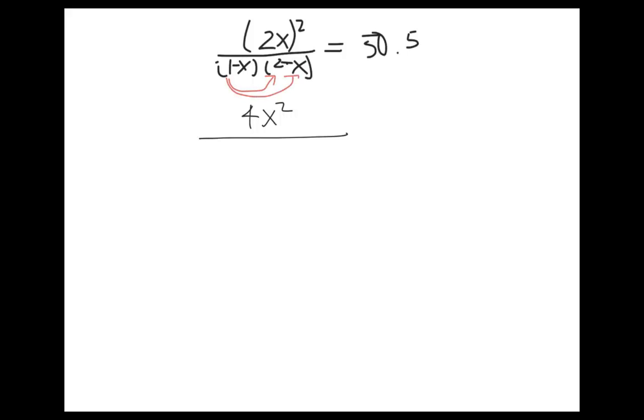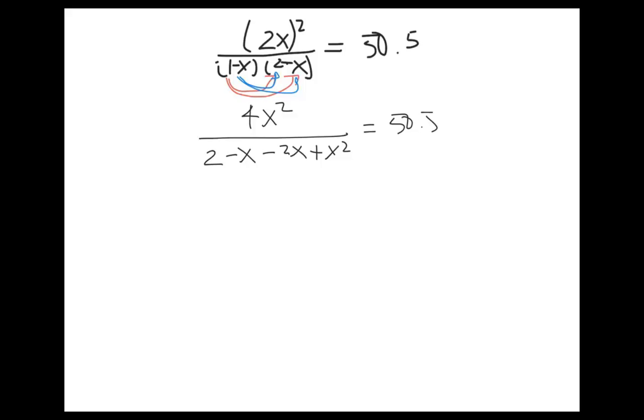So 1 times 2 will be equal to 2, and 1 times minus x will be equal to minus x. Now we need to multiply this minus x by 2 and then minus x by minus x. So we're going to have 2 times minus x, this will be minus 2x, and minus x times minus x will be plus x squared. All of this will be equal to 50.5.